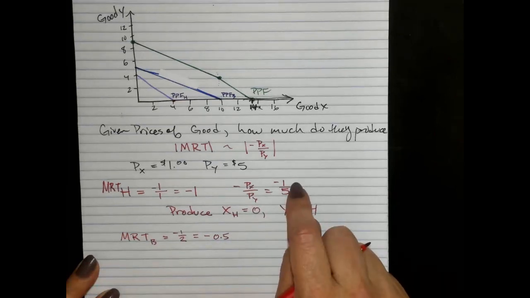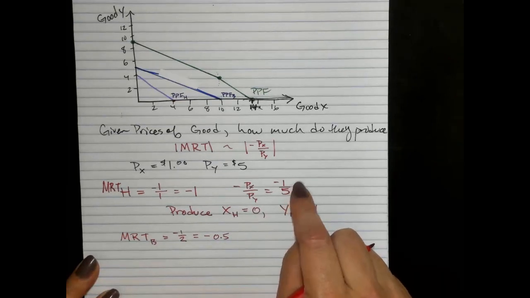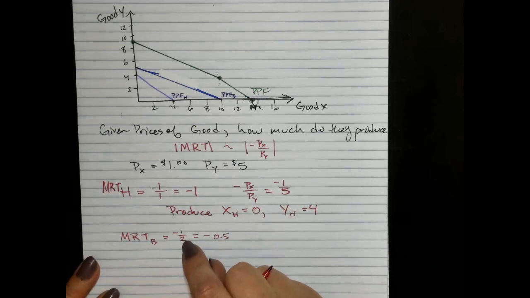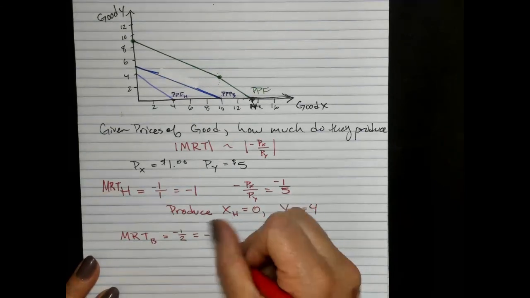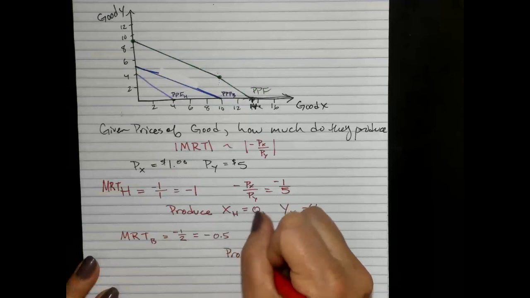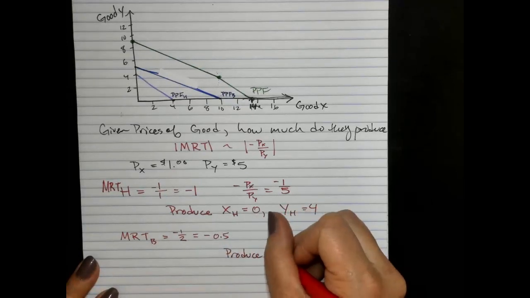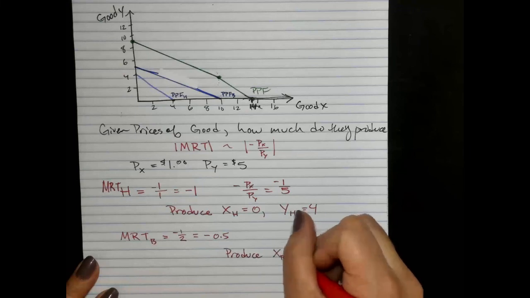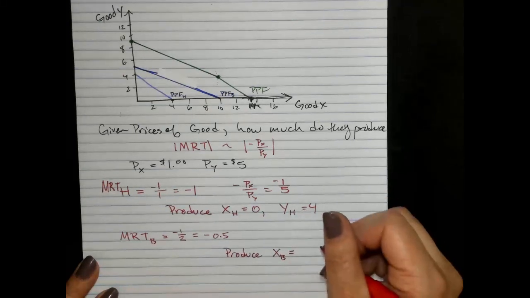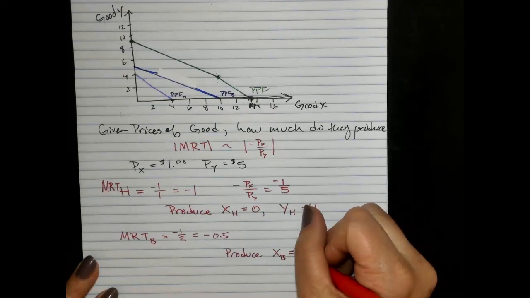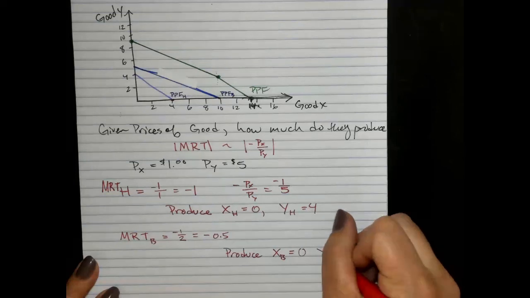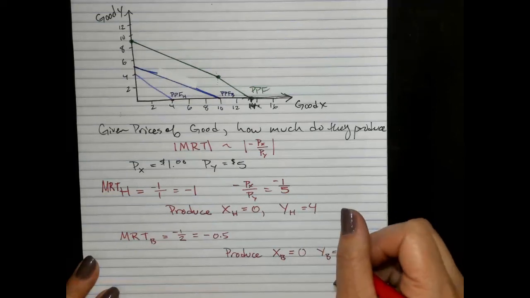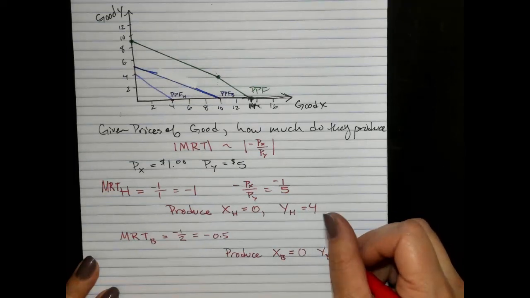So in this case, because the marginal rate of transformation is greater than the ratio of prices, they should produce X for person B equal to 0, and Y for person B equal to 5.